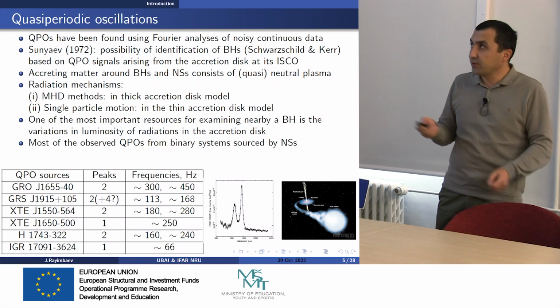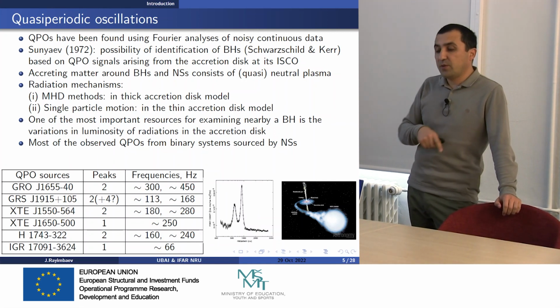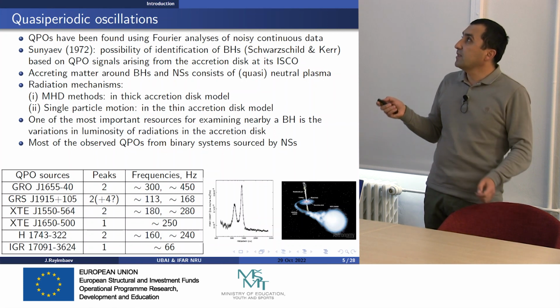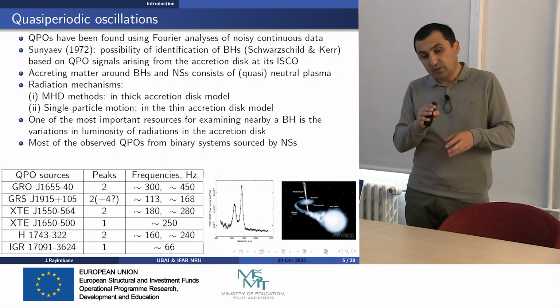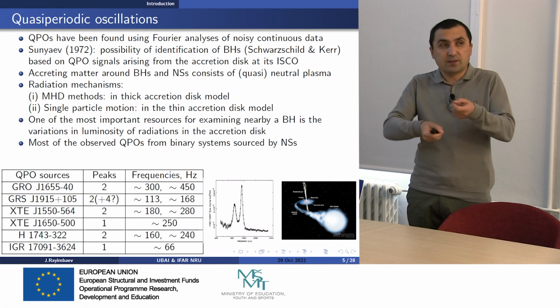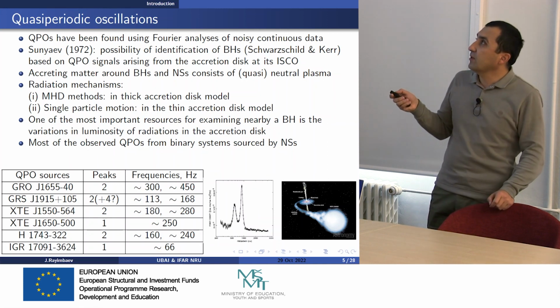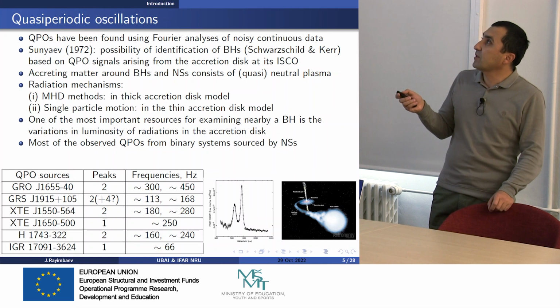According to his model, a quasi-periodic oscillation signal should arise at the ISCO, and from these QPO signals we can calculate the ISCO radius, and this ISCO radius shows whether the black hole is Schwarzschild or Kerr.